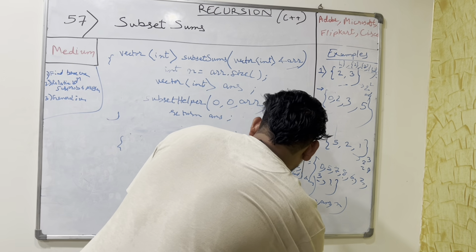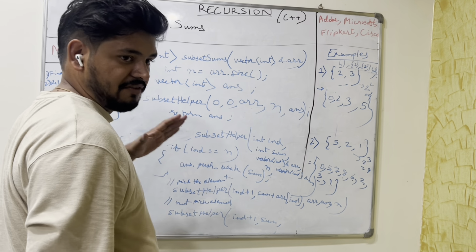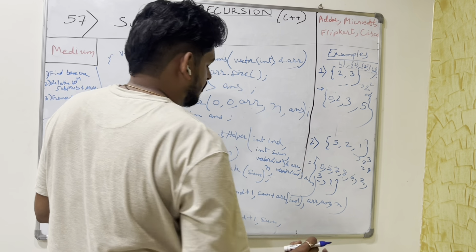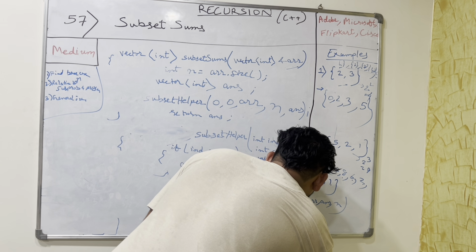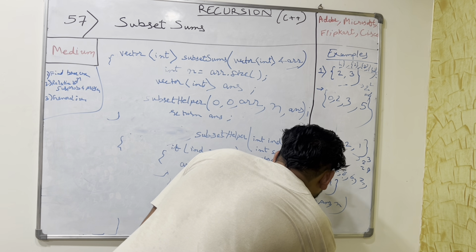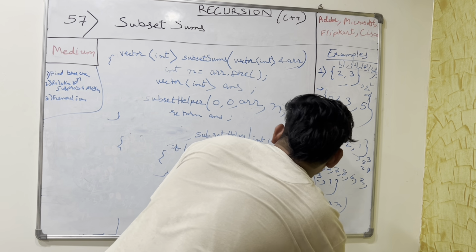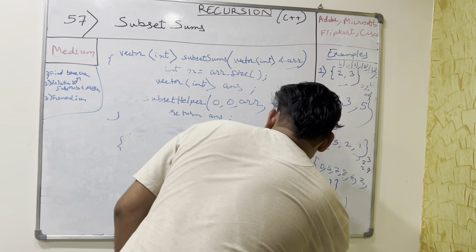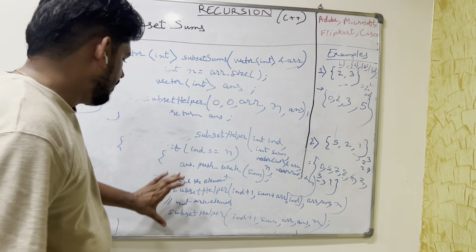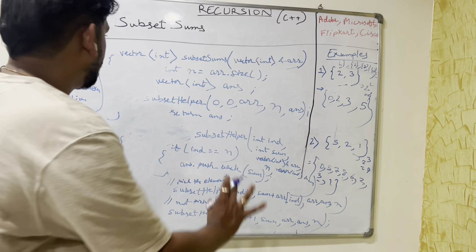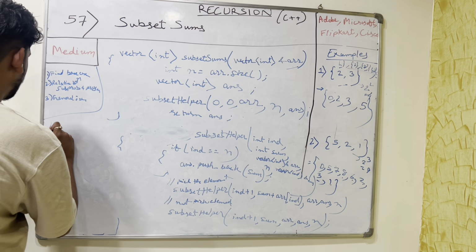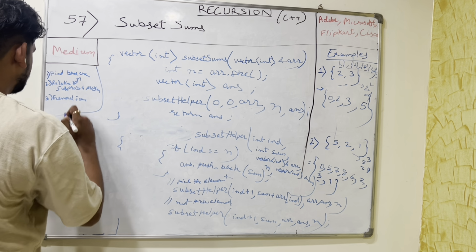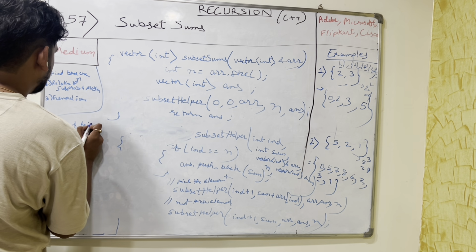Whatever the parent function had, the same we will pass. We will not increase the sum. We will pass array, answer, and n, right? So in these three lines of code, we have solved this problem. Just live in the leap of faith of recursion. Once you do these 3 steps, the problem will be solved automatically.